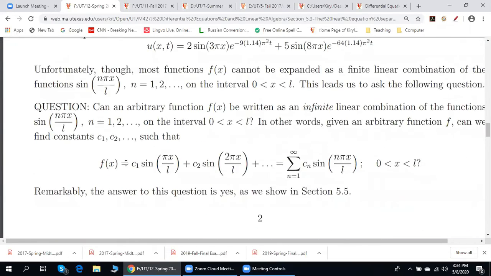So we have this. Initial condition of our problem is f of x is equal to c1 times sine of pi x over L plus c2 times sine 2 pi x over L, and so on. We do not have a choice here. But of course, in other problems, sometimes we need to write a function only in terms of cosines. It depends. Does this answer your question?